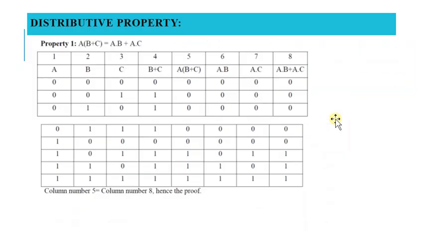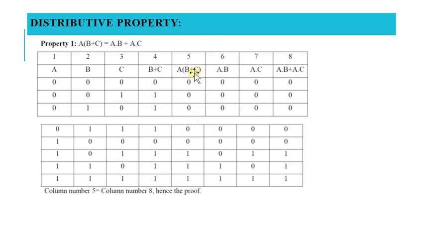Now coming to the next property, that is the distributive property, which says A multiplied with B plus C is equal to AB plus AC. Since three variables are present, again 8 combinations of inputs you can see here. I am performing the B plus C operation, then I am performing the A into B plus C operation.